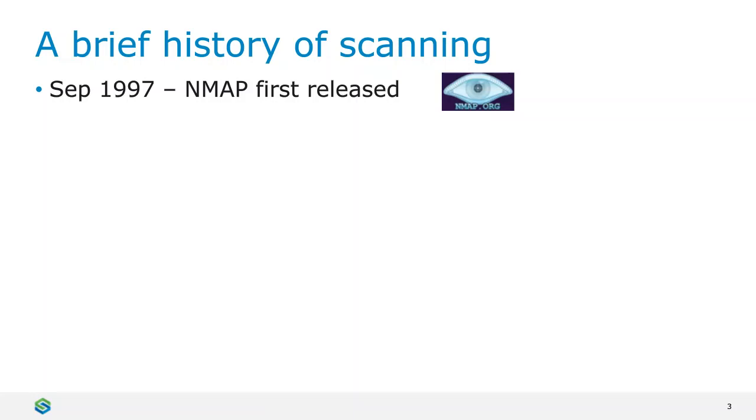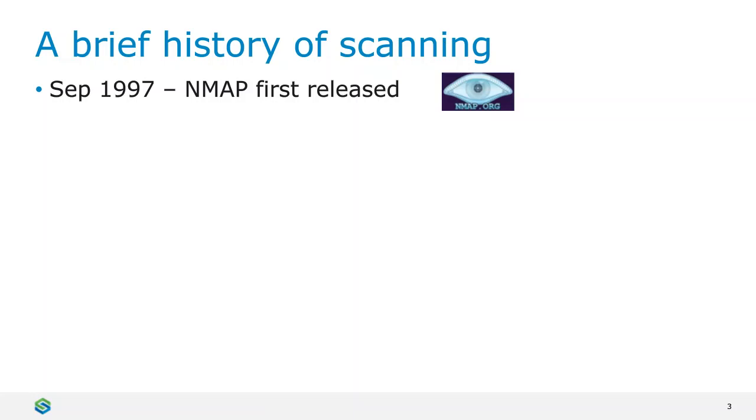So before 1997, really, the idea of finding vulnerabilities and viruses and malware on machines was already very popular. There were many companies that were around for a long time before Nmap that were making money off of selling antivirus and anti-malware and agent-based software. But Nmap was really the first. It was the beginning of agentless network-based scanning.